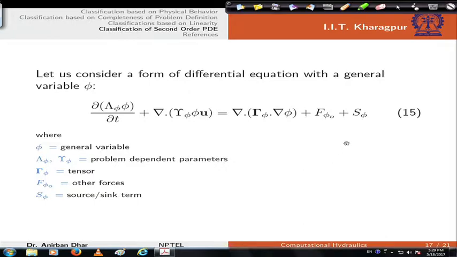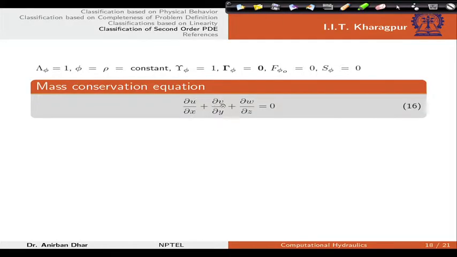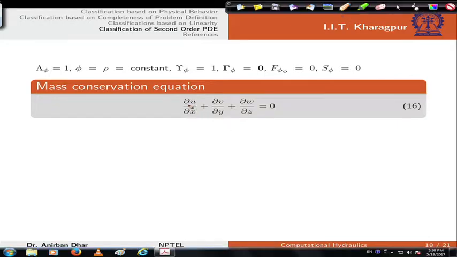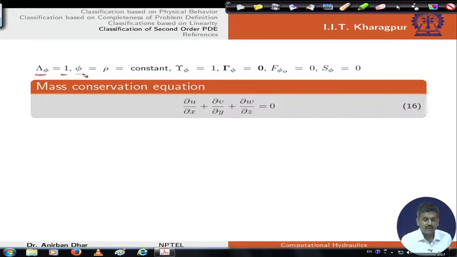An example is the mass conservation equation, that is del u del x plus del v del y plus del w del z. In this case we can see that lambda phi is 1 and phi is rho, which is constant.